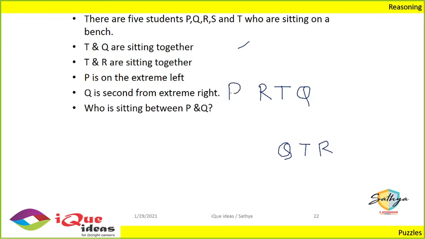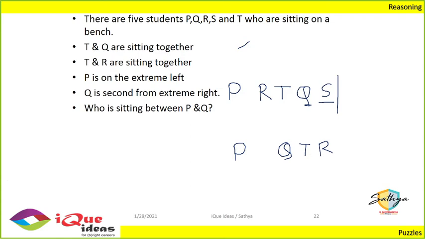So irrespective of where the others are, P is on the extreme left. Q is second from the extreme right. Right. If this is the extreme right, first, second. Yes, if this is S, then Q could be second from the extreme right.